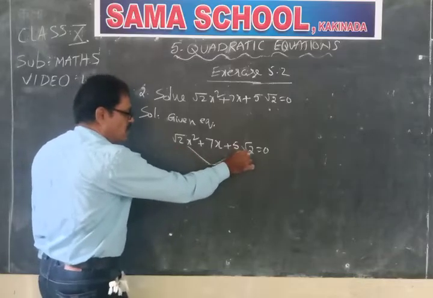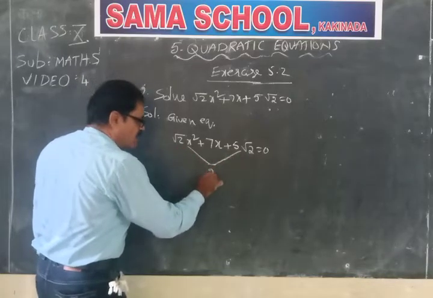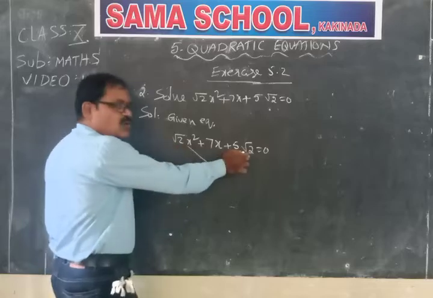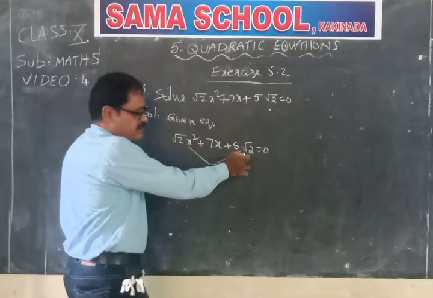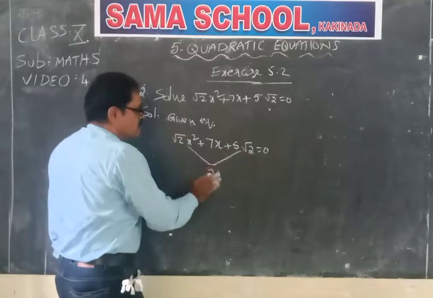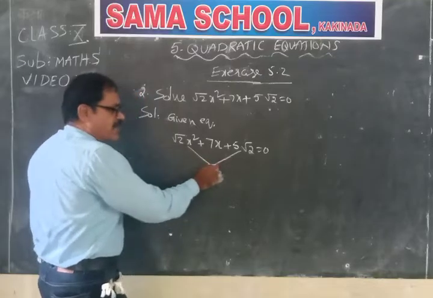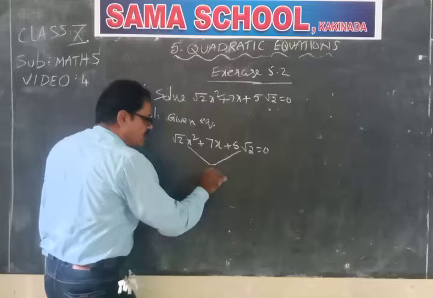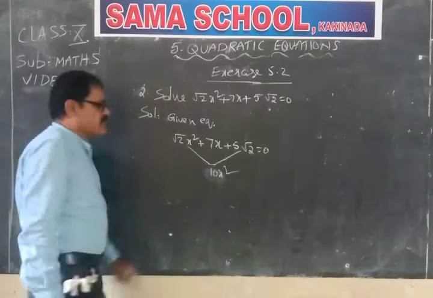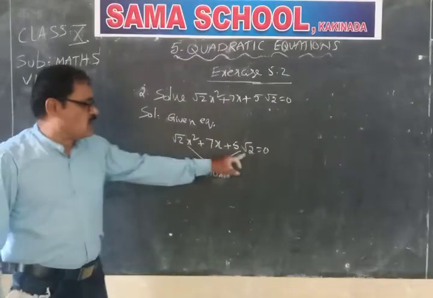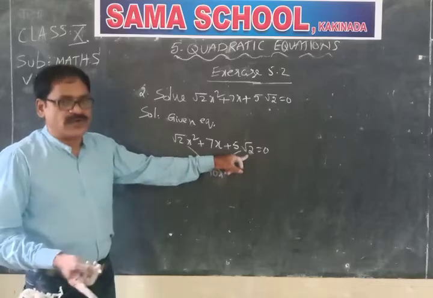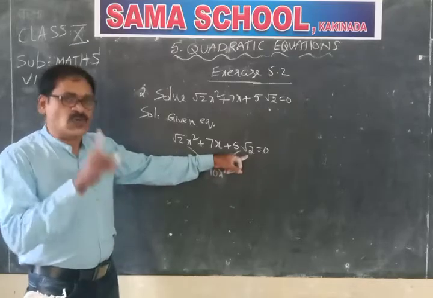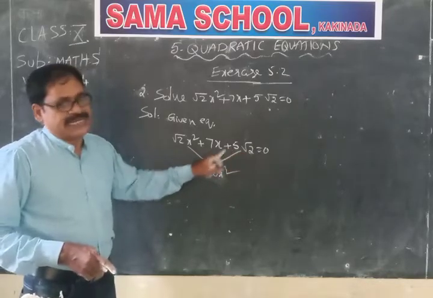Root 2 into root 2 is root 4, which means 2. And 2 into 5 is 10. So we get 10x square.